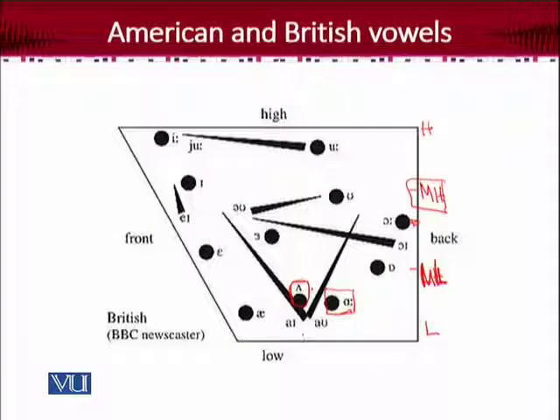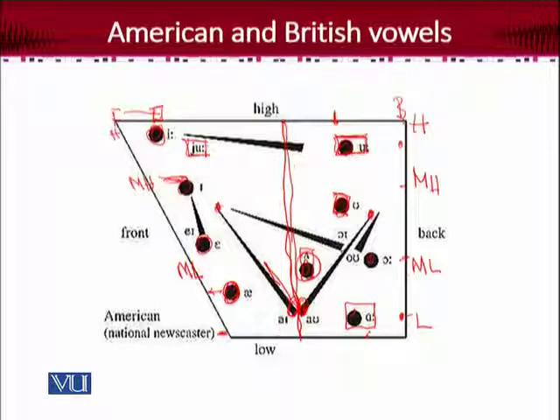If we also compare these diphthongs, the British diphthongs are very important to mention here. This is quite a long diphthong, oi, like in boy, starting from quite the back of the tongue and going towards the front part of the tongue. But if you compare this with the American one, it is quite short and not exactly from those places.